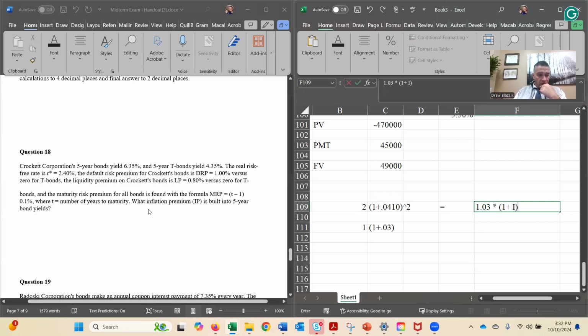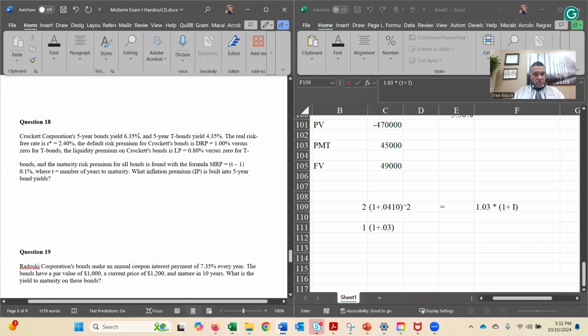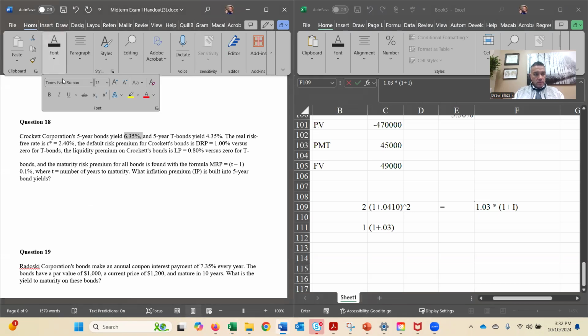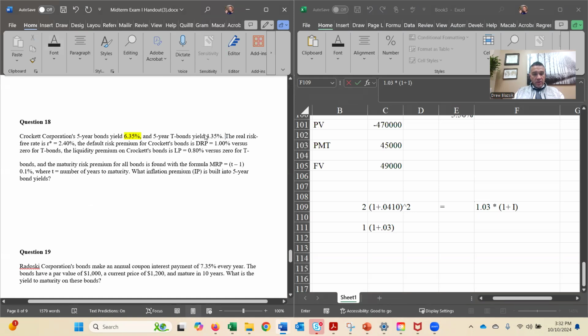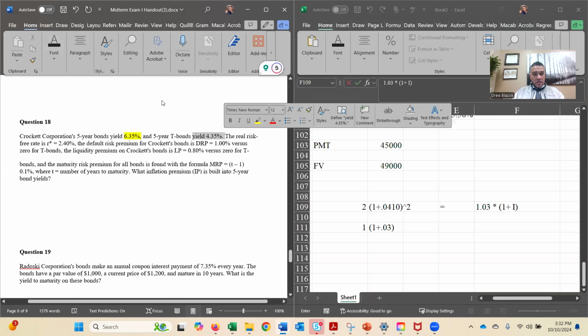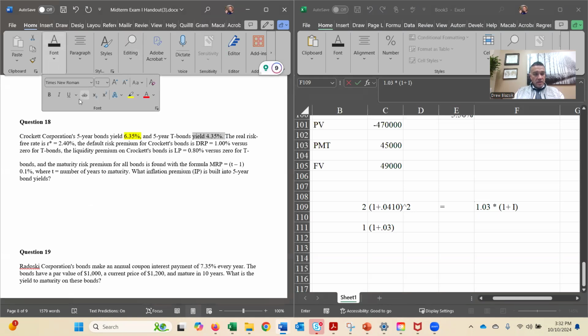Okay, let's go through it. Here's a question, just like our quiz. I'm not going to talk too much about this one, but this is the interest rate on our bond. One thing, just to let you know, just like the quiz we had, we ignore this. We ignore this.